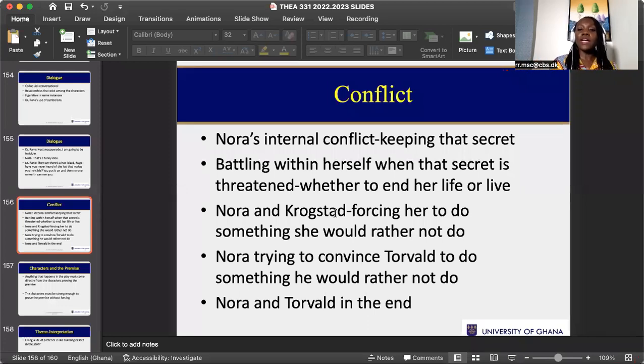And then Nora trying to convince her husband to do something he would rather not do, that is maintaining Krogstad at the bank. And then there is the huge conflict that happens in the end, Nora and Torvald, where he's enraged by what she has done and she is so disappointed by his reaction.